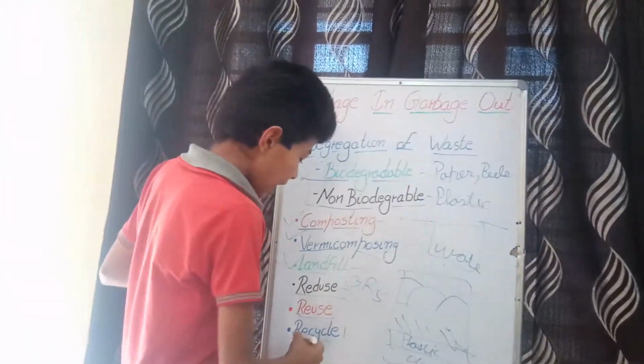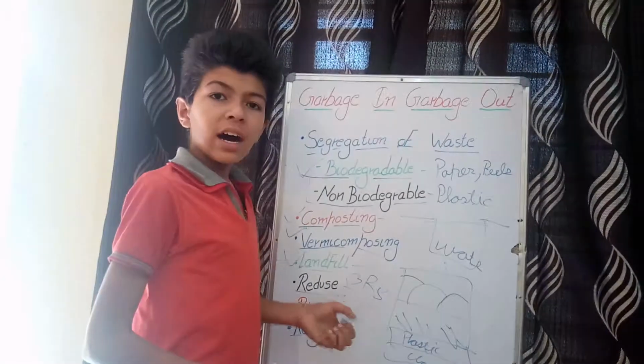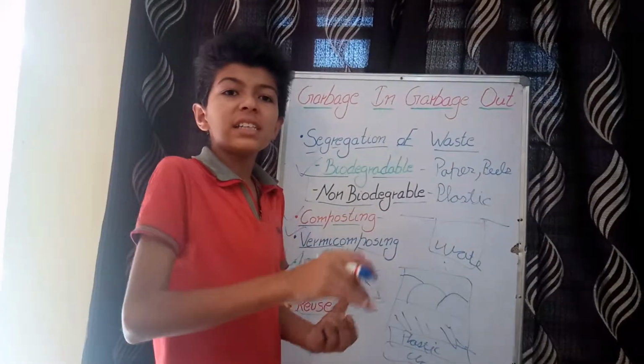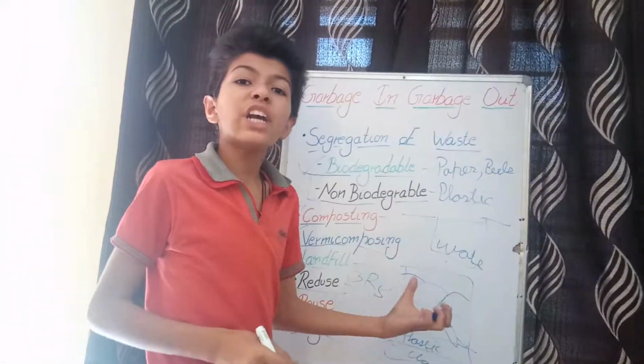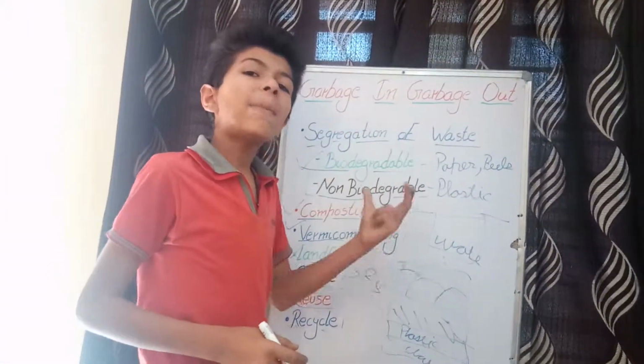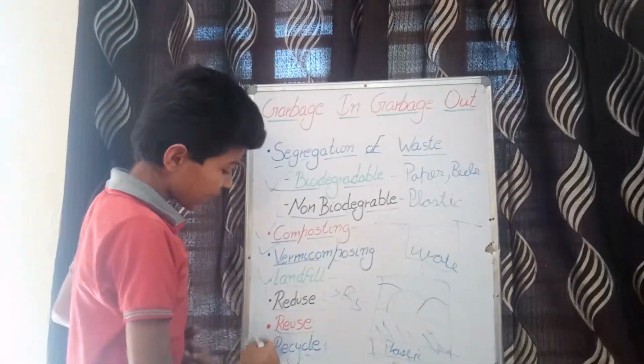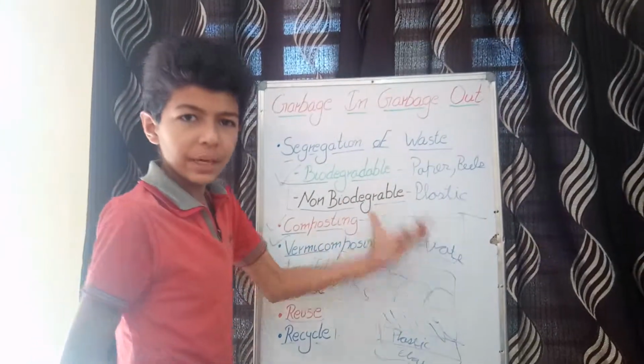In recycle, we can cut a plastic bottle and make a container for growing plants. These are the processes by which we can manage non-biodegradable waste.